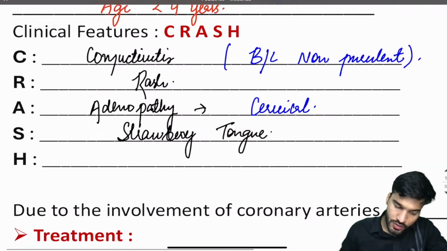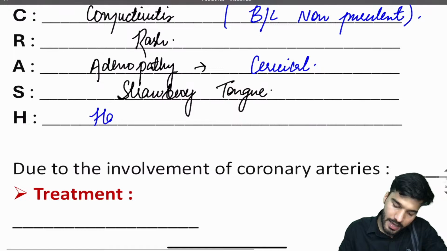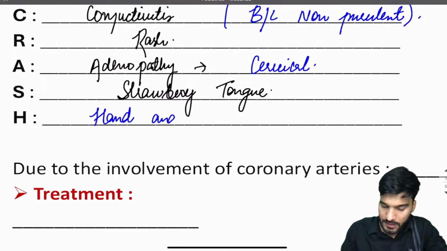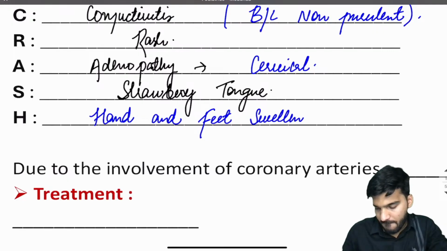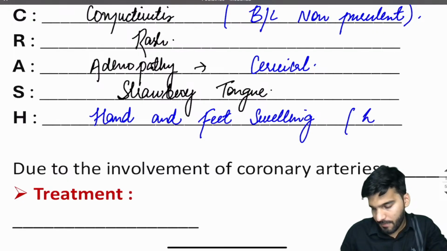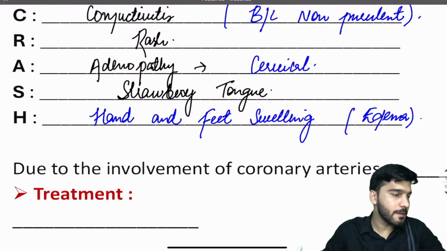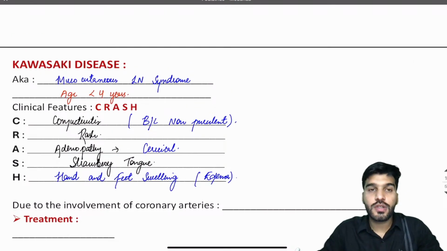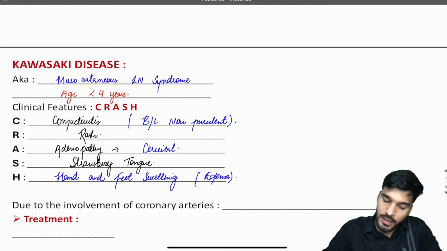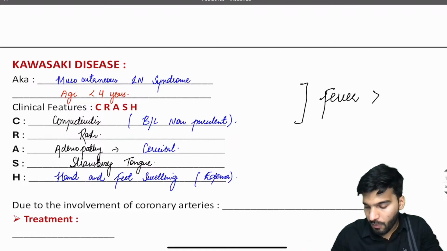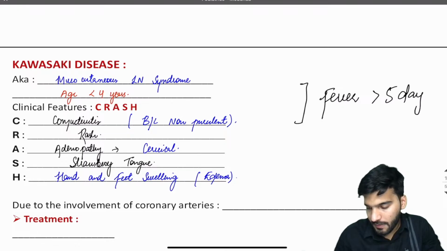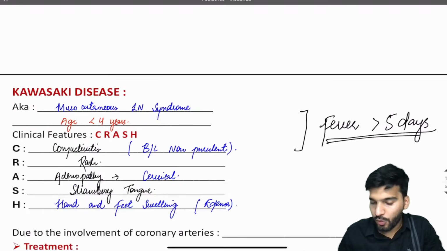And H is hand and feet swelling, edema. Is that clear? So those are the features of Kawasaki disease. And do remember that along with this, the patient is going to have a fever of more than 5 days.